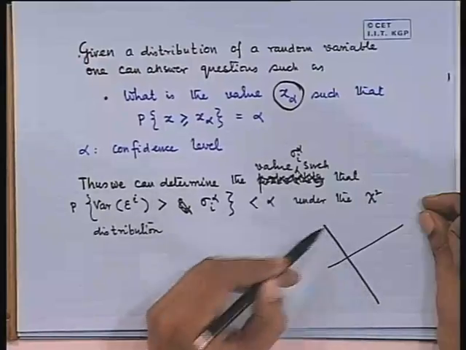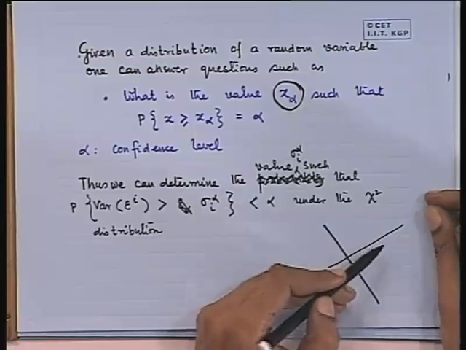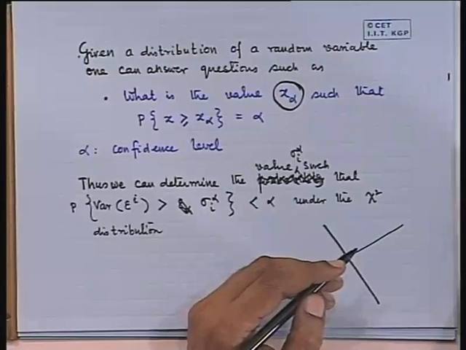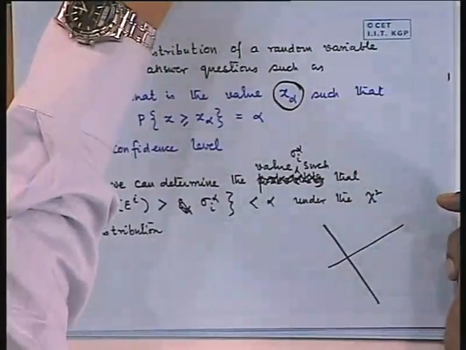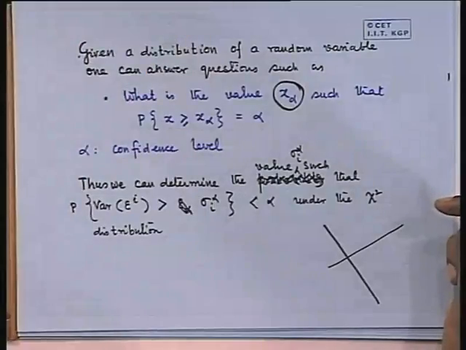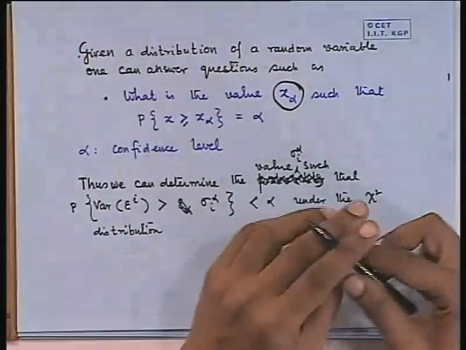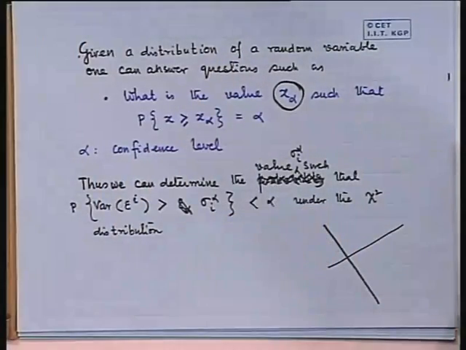What you can do is, given a distribution of random variables, for example, you can easily understand this in the case of Gaussian. Suppose somebody tells you that if you do an experiment, if you pick an object or a value or a number, it will come from a distribution of mean 1 and variance 1, right?